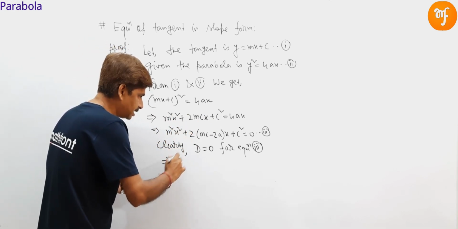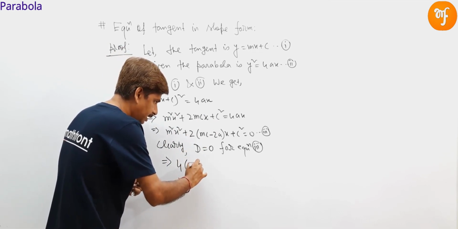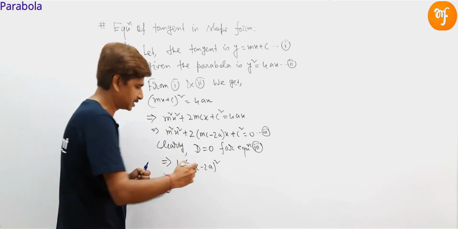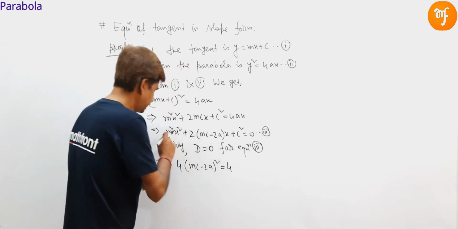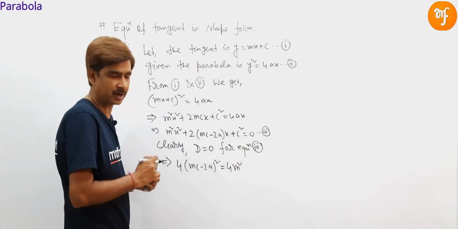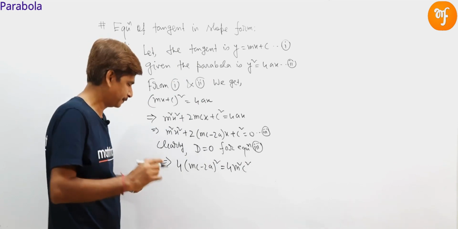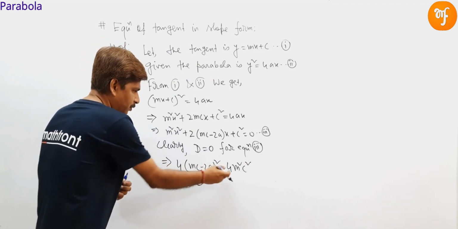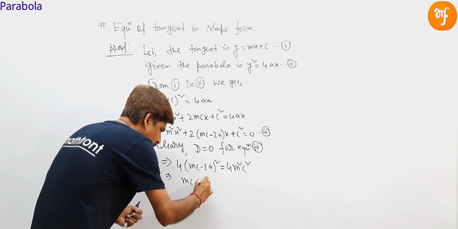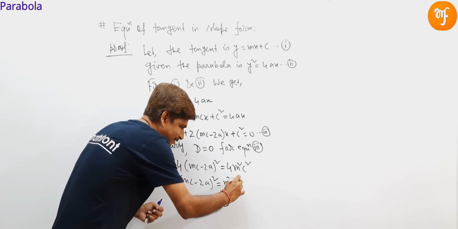So, we can say b square, that is 4 into mc minus 2a whole square, is equal to 4ac, that is 4 times m square and c square. So, we can write this as 4m square c square. Okay. So, we can cancel 4 from both sides. So, we get mc minus 2a whole square is equal to m square c square.